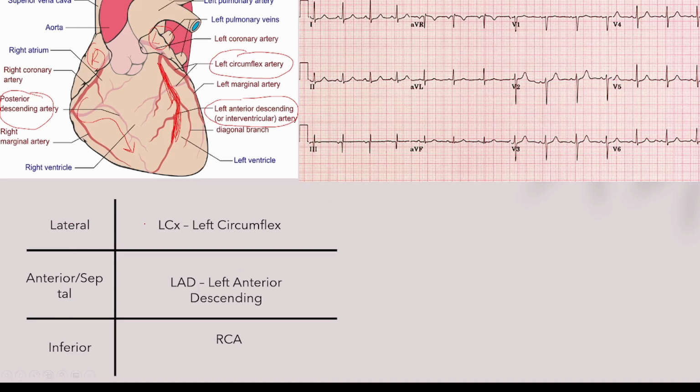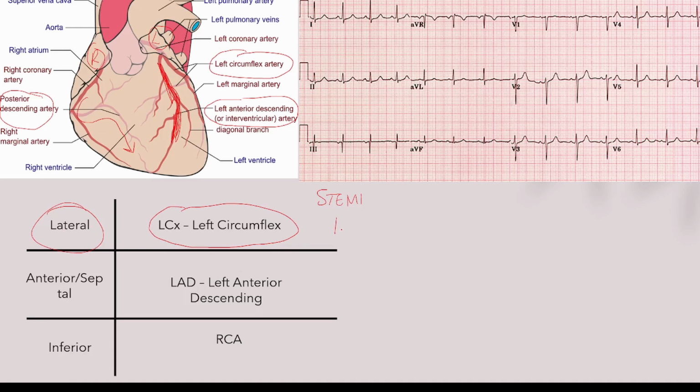Alright, so now let's put this into practice. Let's imagine we have a blockage in our left circumflex artery. How would we know that on the ECG? Well, there would be an ST elevation in our lateral leads. Don't worry, we'll go into STEMIs and the rest of the diseases later on in the course. So what are the leads corresponding to the lateral portion?